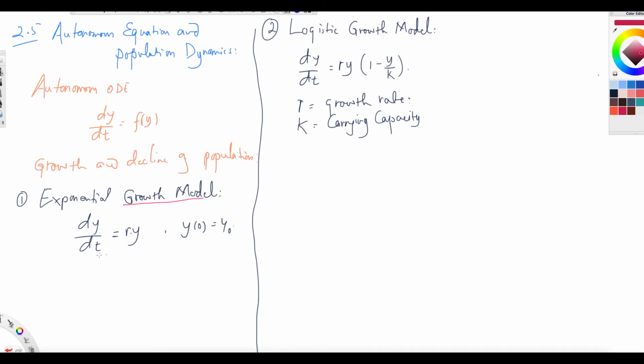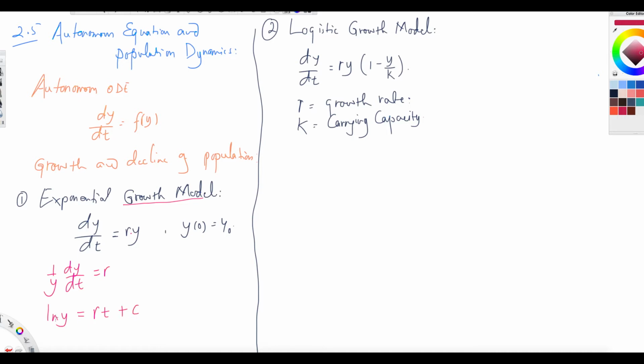So if you try to solve this equation, how does that look? It will look like 1 over y dy over dt equals r, right? You can write 1 over y dy equals r times dt. If you integrate on both sides, you will get natural log of y equals rt plus c, a constant, right?